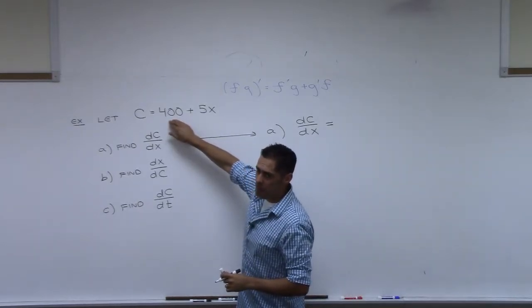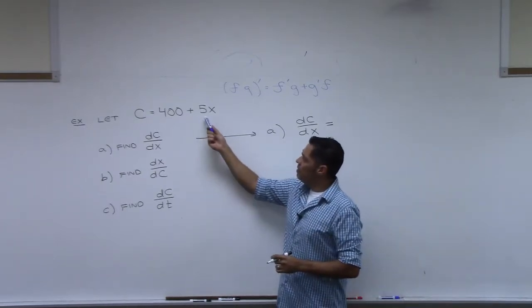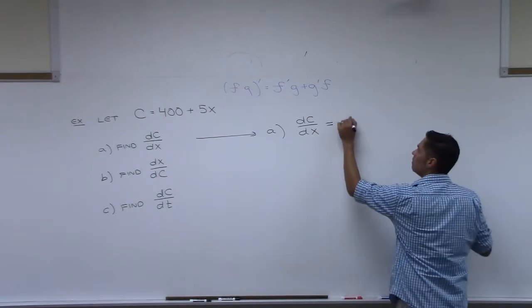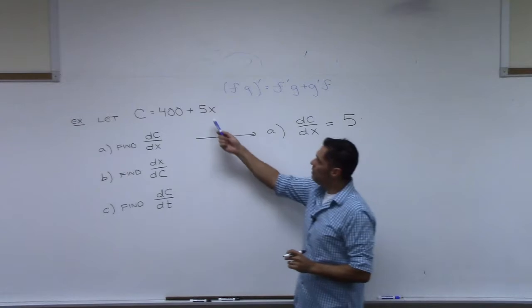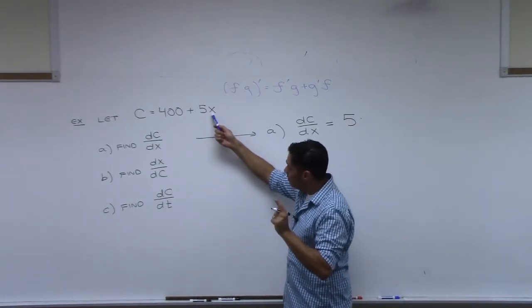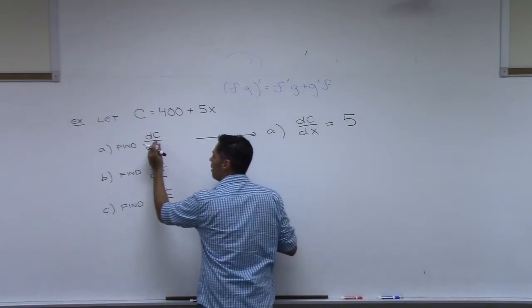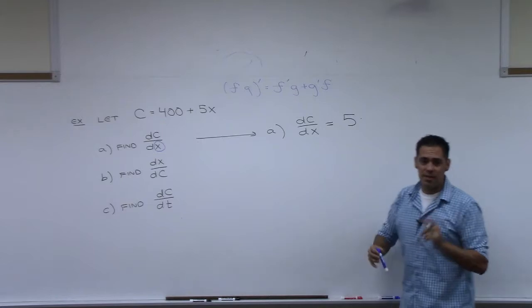What is the derivative of 400? 0, so I don't need that. Now I have plus 5 times something, so the 5 will come along. Now, what is the derivative of x if I'm trying to find dC/dx? 1, because this tells me that the derivative of any x I see is going to be 1.